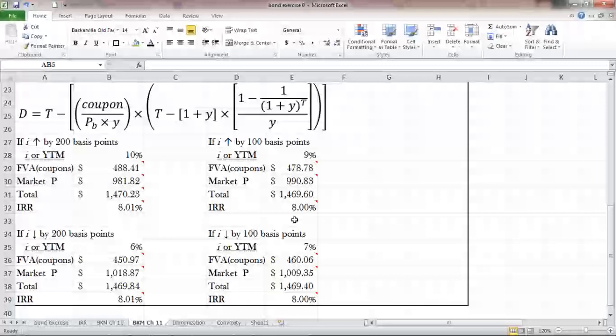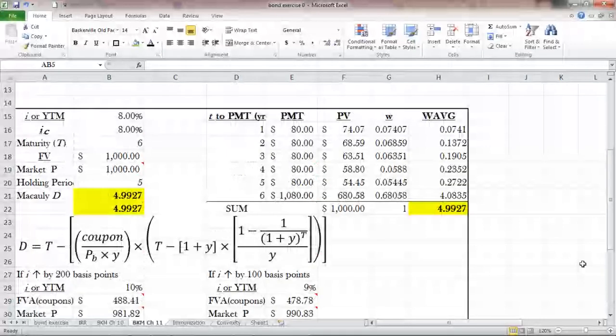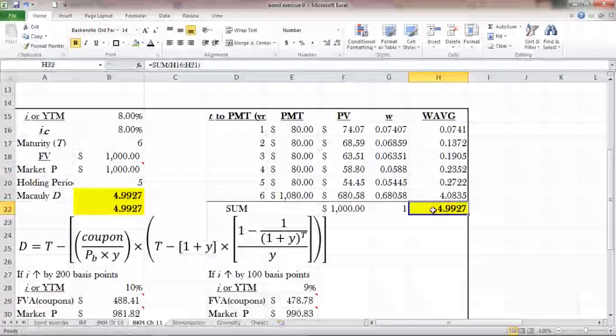But this is when it changes. Without change, I think I should put it. Yeah.